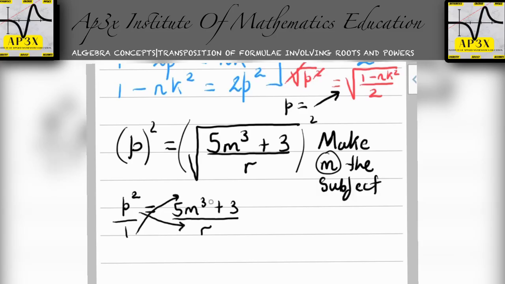So starting off with the side that leads me to my subject, 1 multiplied by the numerator gives us exactly the numerator, 5m cubed plus 3, and therefore that's going to be equal to p squared times r. That gives rp squared or p squared r. Doesn't matter, guys, whatever you prefer.